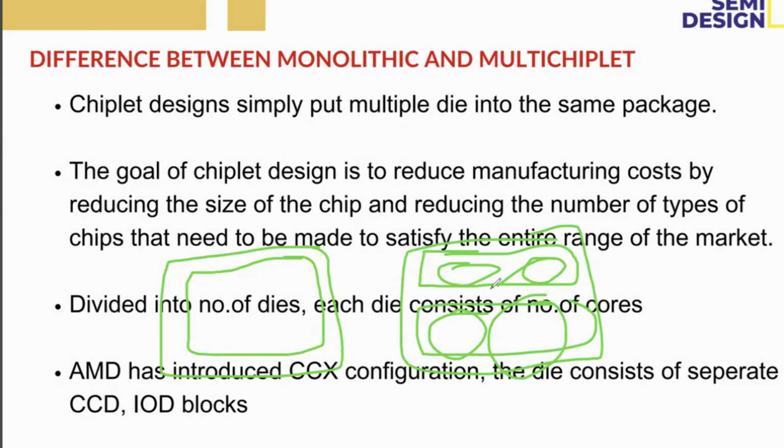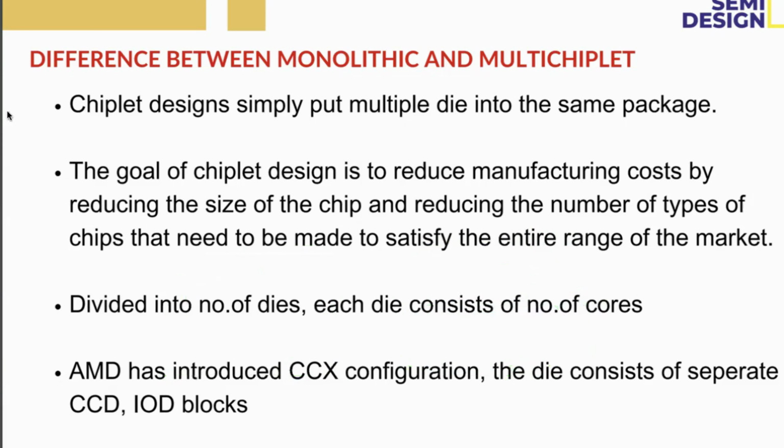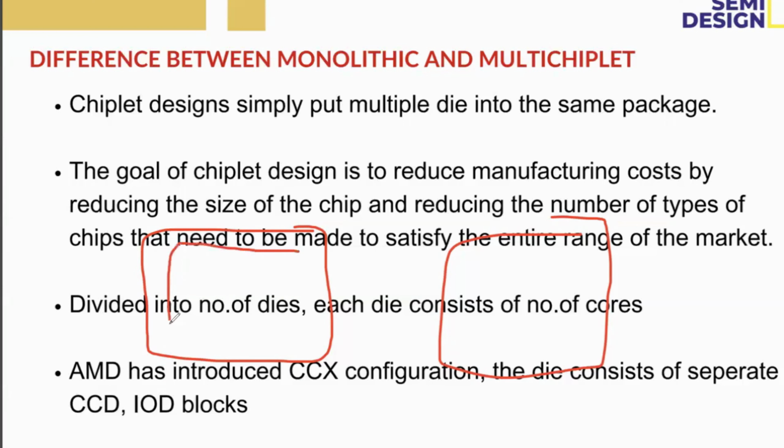Suppose here there is, I will give you a small example. So here there is a monolithic, and this is the multi-chiplet. In monolithic, the die is divided into a number of blocks.